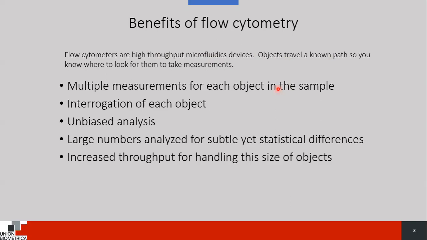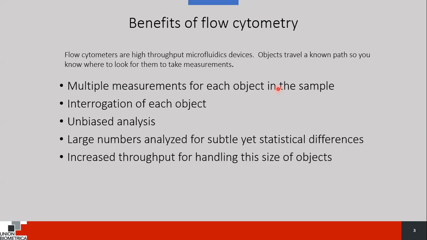So you're getting an unbiased analysis. Because you're able to collect large data sets, take many measurements of many objects in your sample, you can start detecting small differences that are statistically significant, something you might not otherwise be able to do.